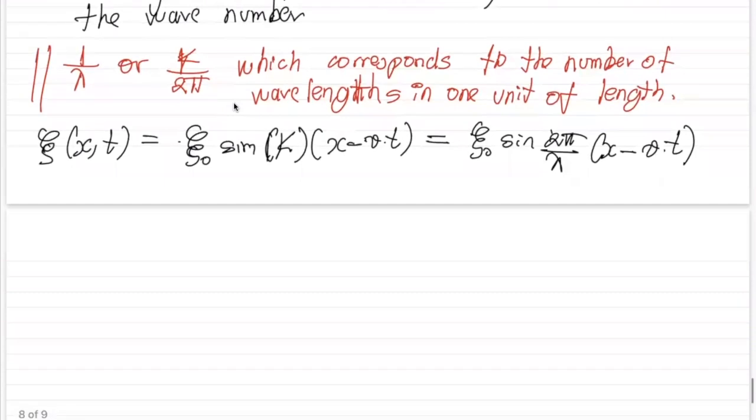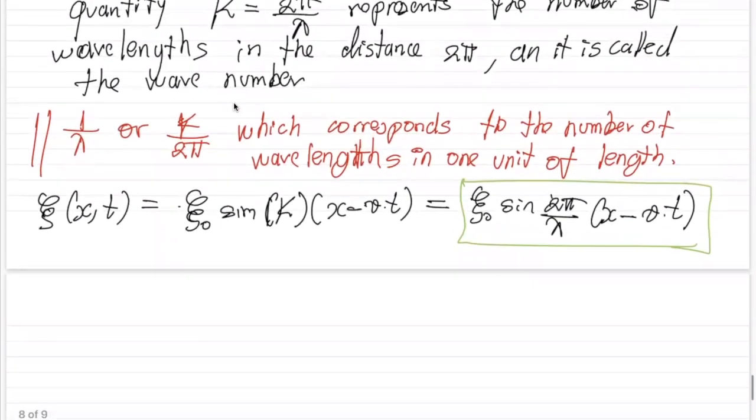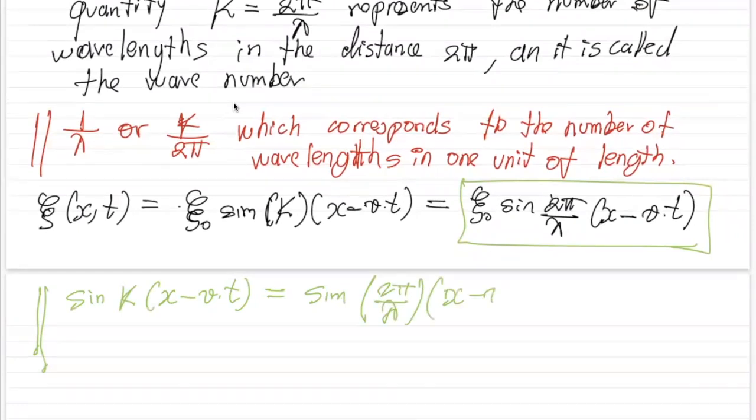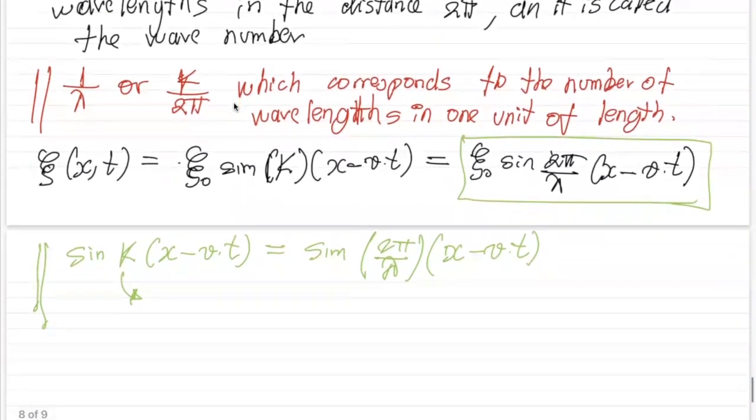If you are wondering where this formula comes from, it is easy to show: k becomes 2 pi over lambda.